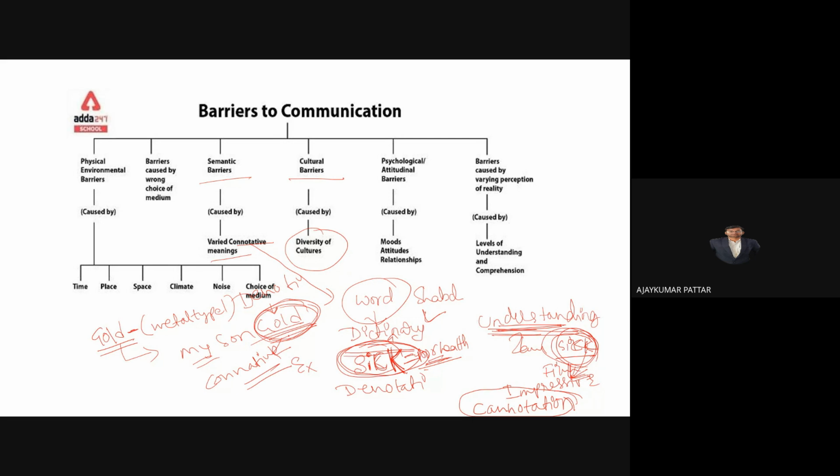So semantic barriers come from the varied connotative meanings, because even though the dictionary meaning is different, we will use that word in a different manner, or we will understand that word differently. That type we call a connotative barrier. Can anyone give an example like this? The meaning is different, but we are using that word in a different meaning.